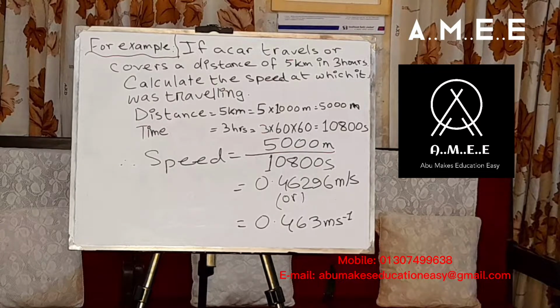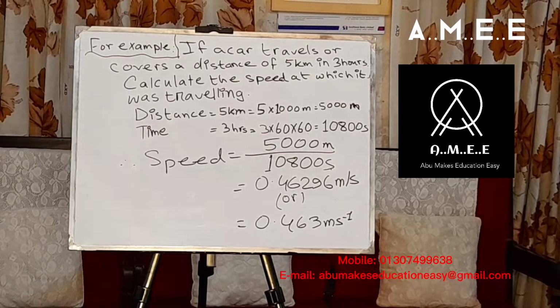The SI unit of distance is meter. So 5 kilometer is equal to 5,000 meter. How? We know that 1 kilometer equals 1,000 meter. So 5 kilometer equals 5 into 1,000 meter, which gives us 5,000 meter. Now let's come to time.